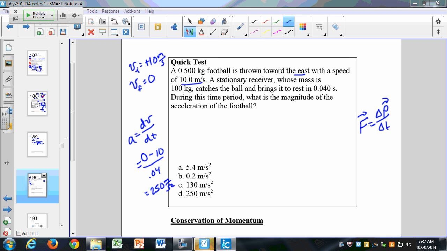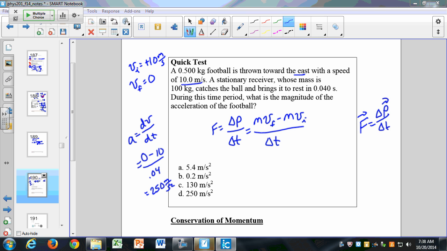squared. All right, or we can take the momentum route, which, remember, these are linked because momentum assumes this definition for acceleration. So I can say that my force is the change in momentum over the change in time. That's mvf minus mvi divided by my time.